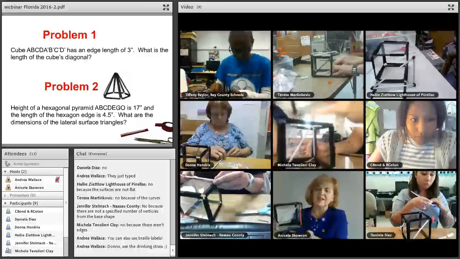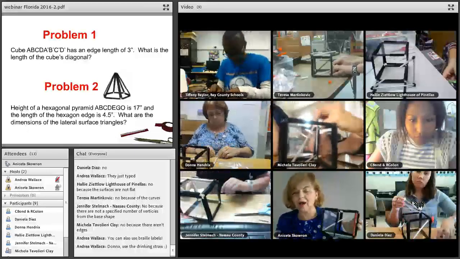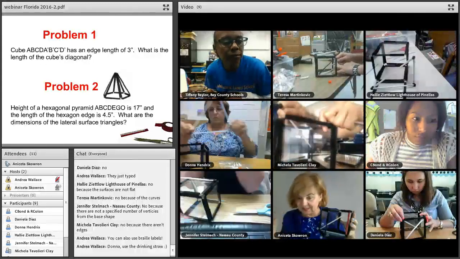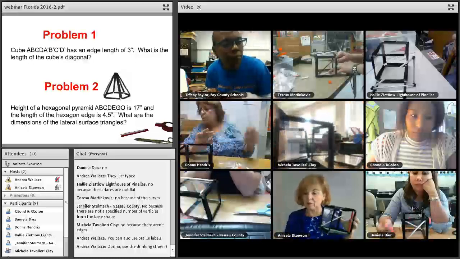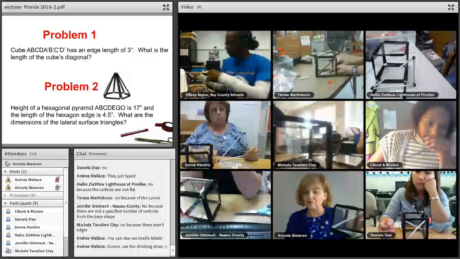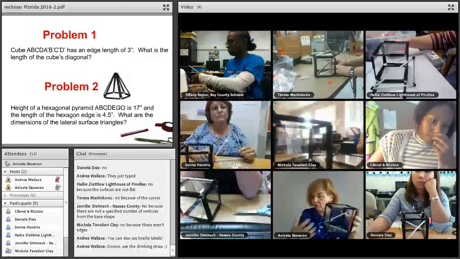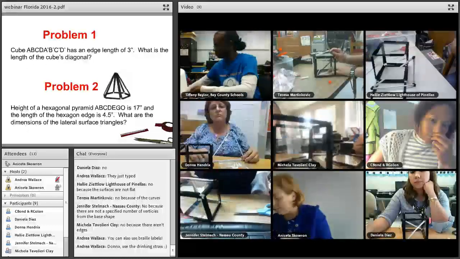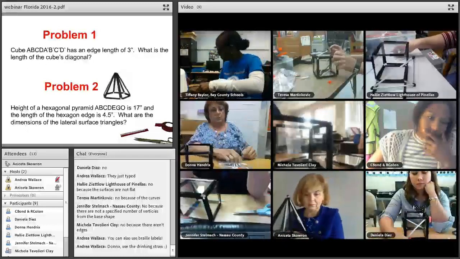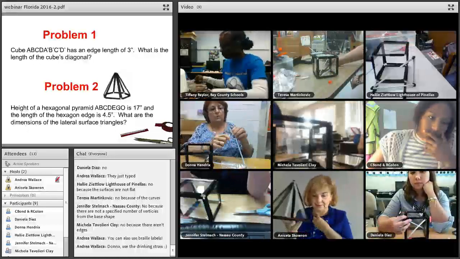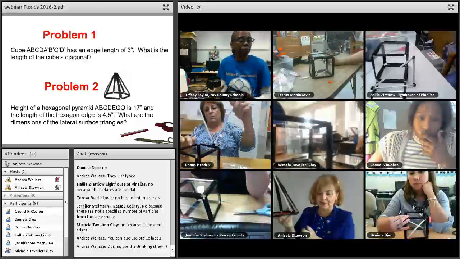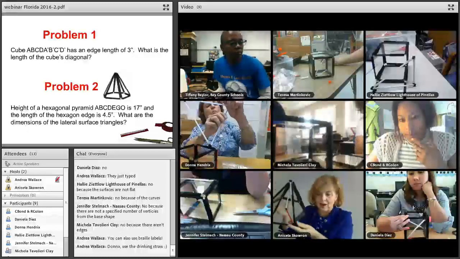This is all now mathematics, and I am not here to teach you mathematics per se, because I am assuming you are good with this, and we just need to have ways of showing how it could be visualized and made tactile. Now, for the other problem with the pyramid, what I gave you was the edge of the pyramid, right? So here it's the same one as this, right?